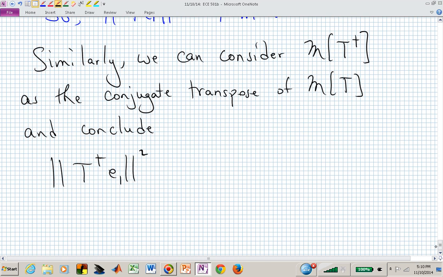And if we take the norm squared of that column, we now do have the sum of each of those elements' absolute values squared. We now can say that the norm squared of T adjoint E1 is equal to A11 squared plus A12 squared plus A sub 1n squared.